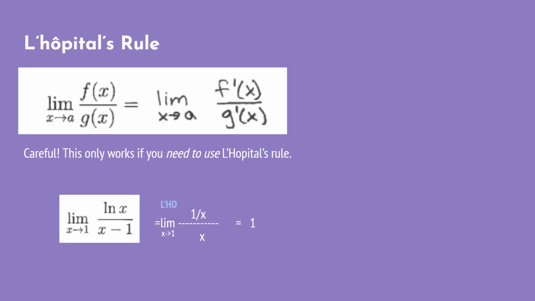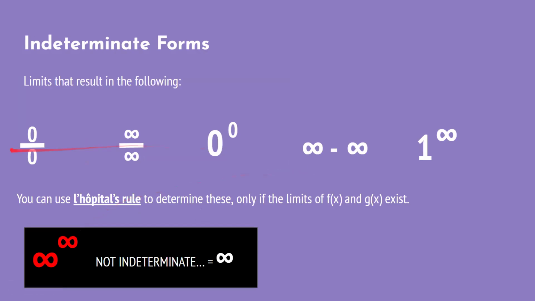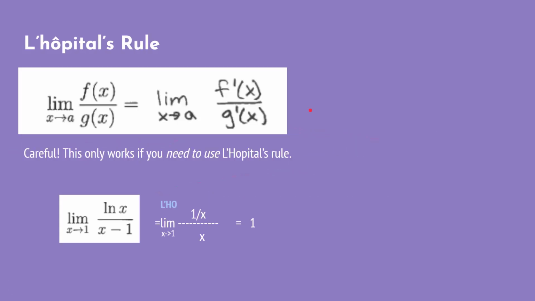Also, if you need: you could technically use L'Hopital's rule on any limit that you want, but you will sometimes, not always, get the incorrect answer if you use it when you didn't need to. And how do you know if you need to? It's if when you try to do the limit, you get one of these. So basically, only use this if you need to and if you can.